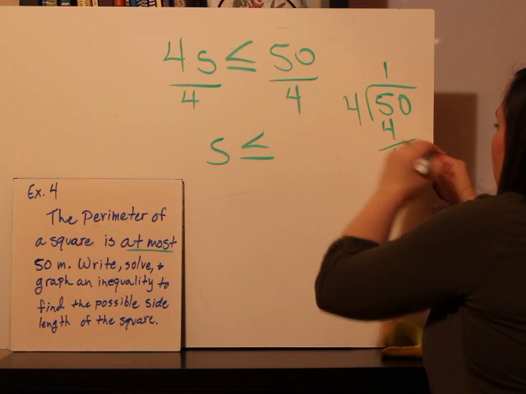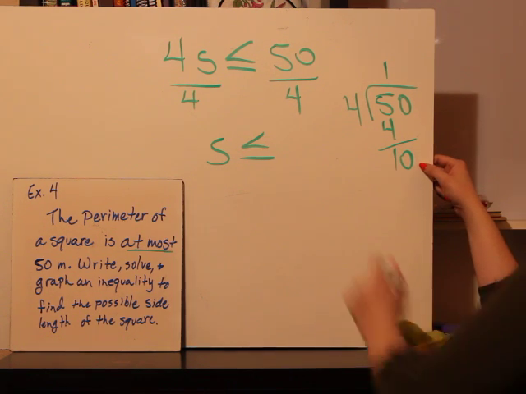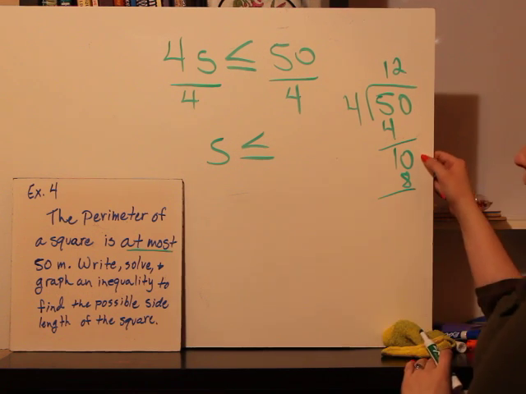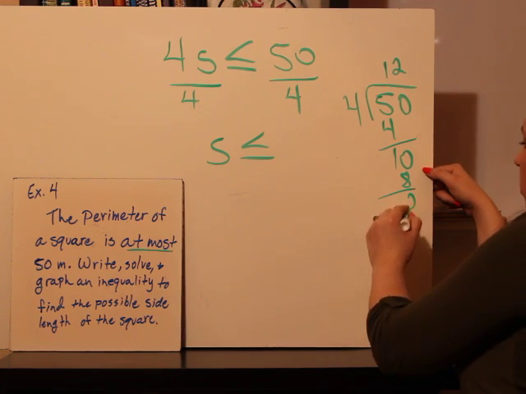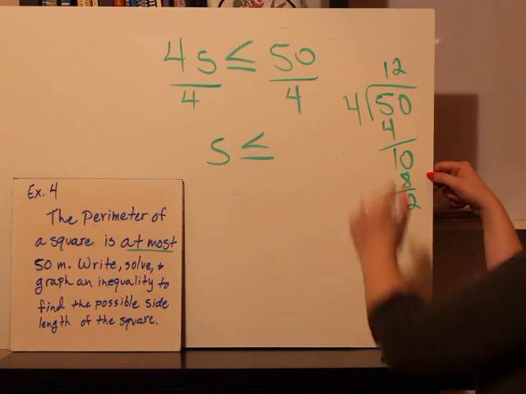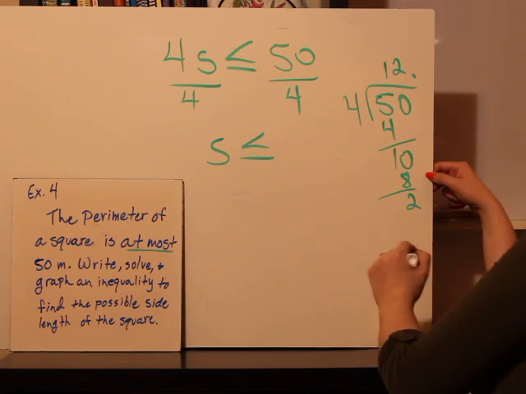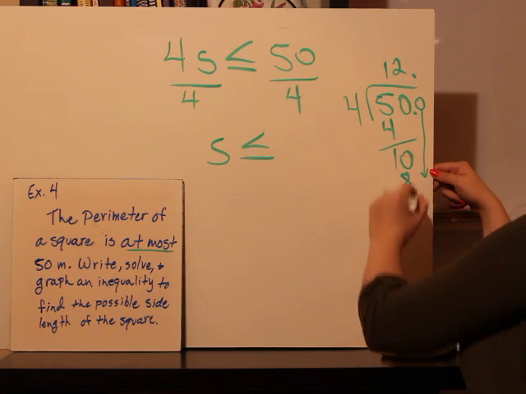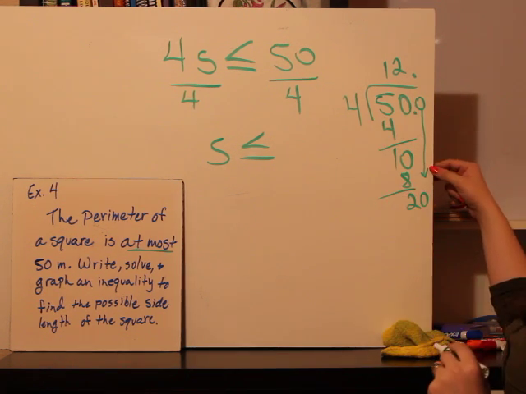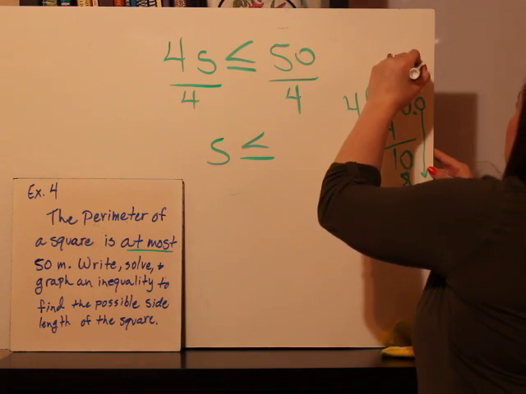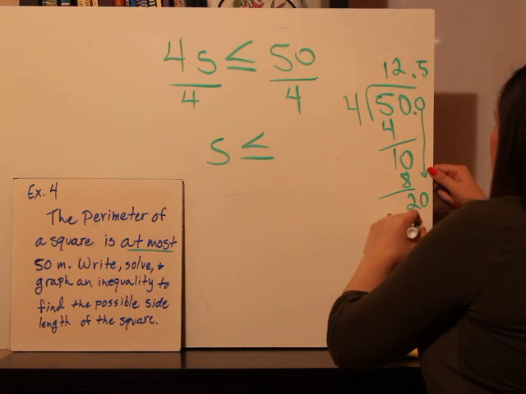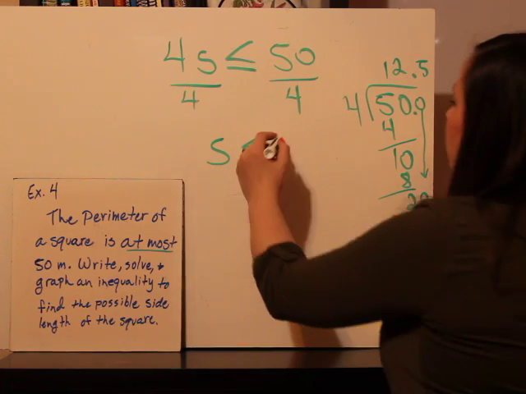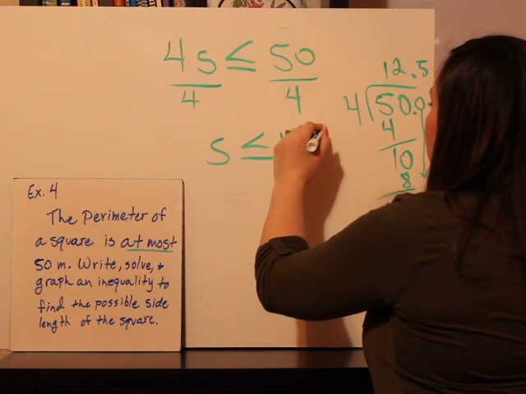We got a 1. Bring down our 0. 4 can go into 10 2 times. 4 times 2 is 8. 10 minus 8 is 2. 4 cannot go into 2, but we can always make this a decimal and bring down another 0. 4 can go into 20 5 times, and 4 times 5 is 20. So you're done with your division. So s is less than or equal to 12.5.